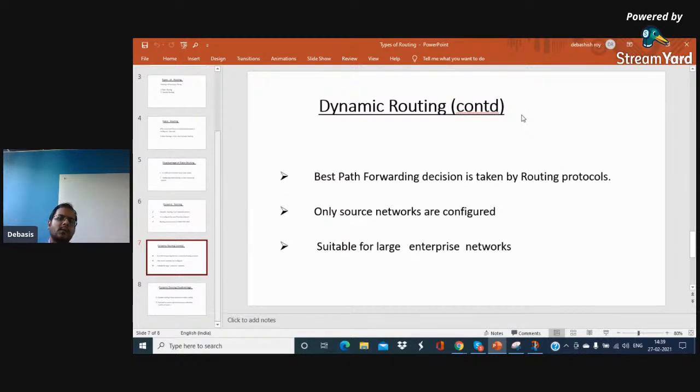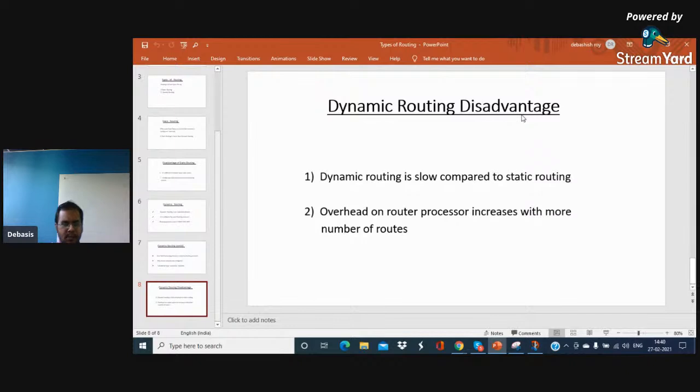This dynamic routing is suitable for large enterprise networks, as I've already told you, because in case of static routing, it is difficult to maintain so many static routes. But dynamic routing also has some disadvantages. Dynamic routing is slow compared to static routing because it involves so much processing that the overhead on the router processor increases with more routes.